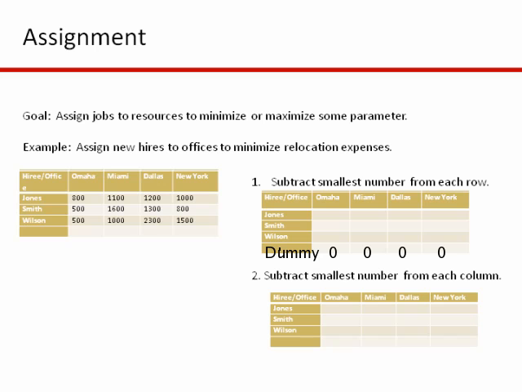After you make sure you have the same number of rows and columns, this heuristic starts by subtracting the smallest number from each row.